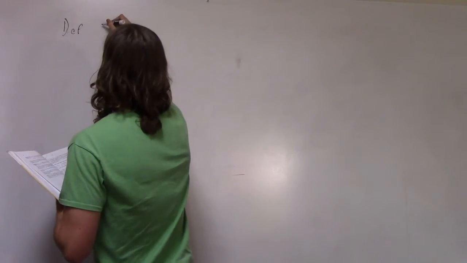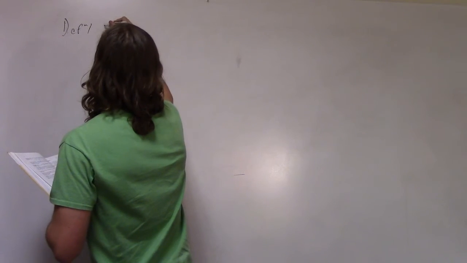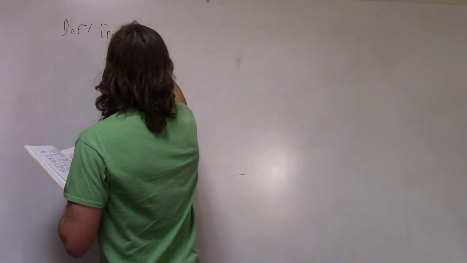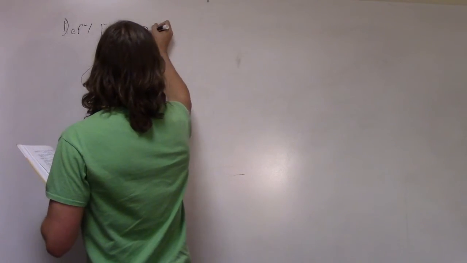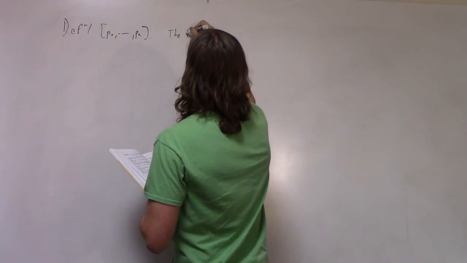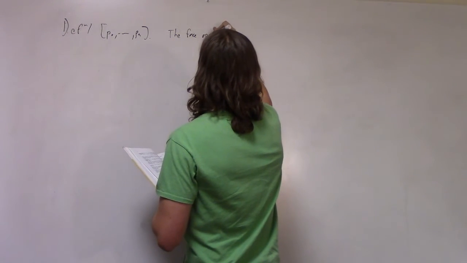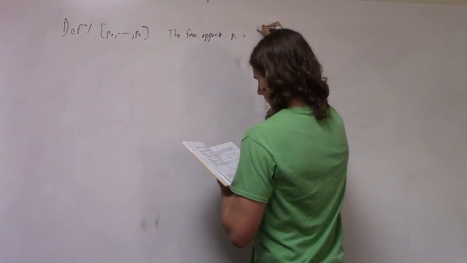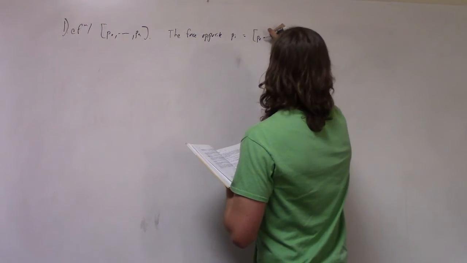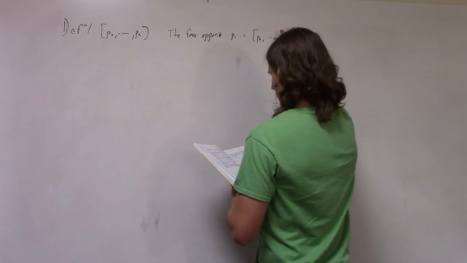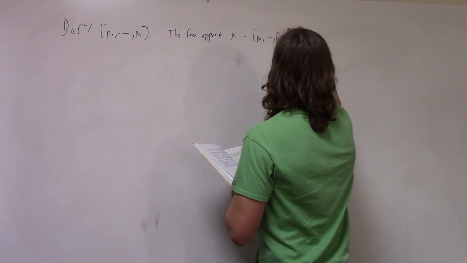Okay, so if you have an M simplex, defining the face opposite some pi will be the M minus 1 simplex of all points with pi thrown out.